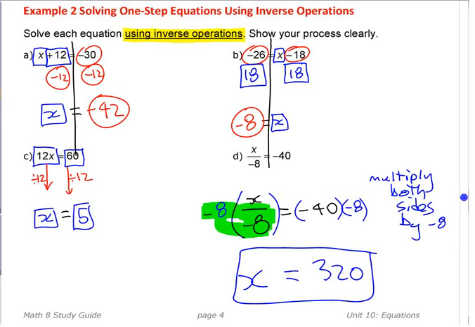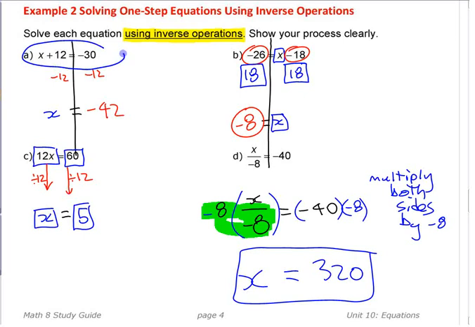Again, the first three I drew, sort of boxes and all that. All you really need to do is you're going to draw it without this. If you have x plus 12 equals negative 30, you're going to put a big line down the middle, and then you're going to say, I need to subtract 12 from both sides because it's the inverse of adding 12.